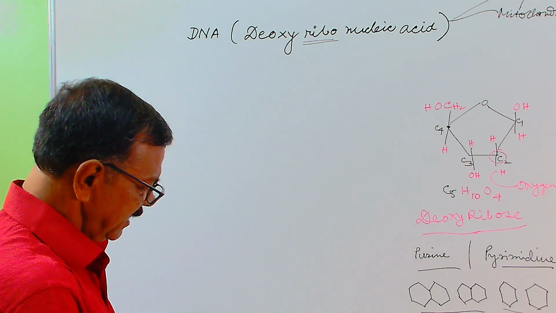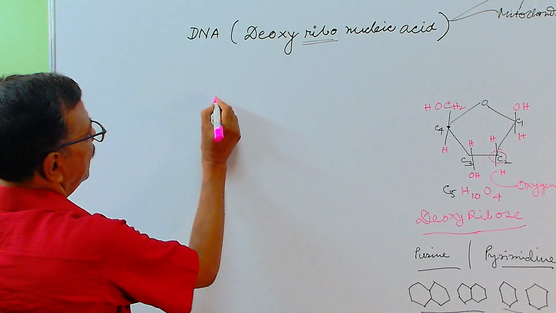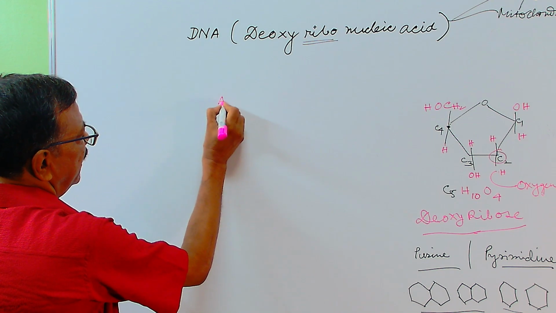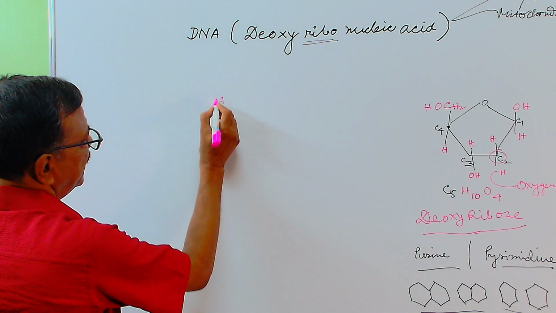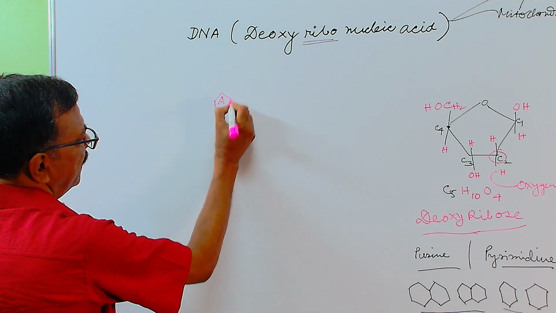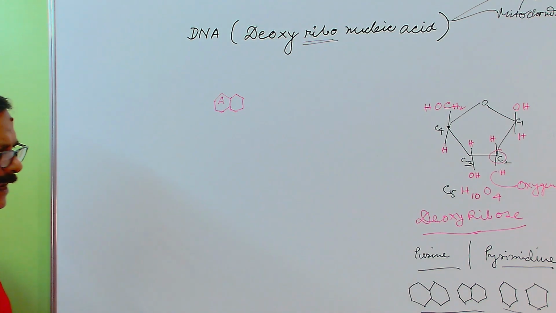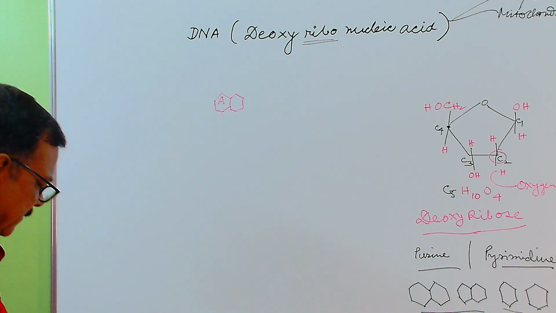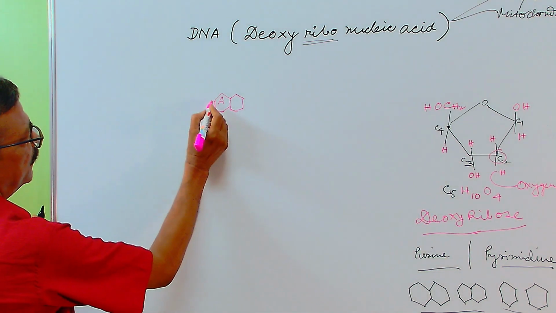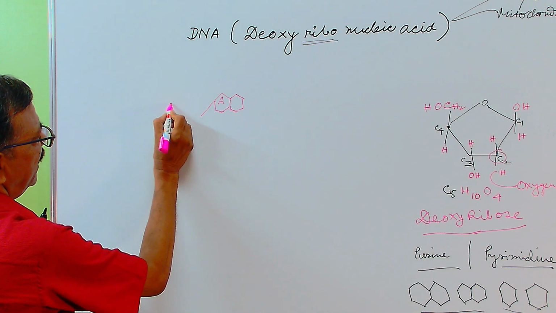Say this is adenine. This is double ring structure. These adenine nitrogen bases remain attached with this sugar. This is a sugar.